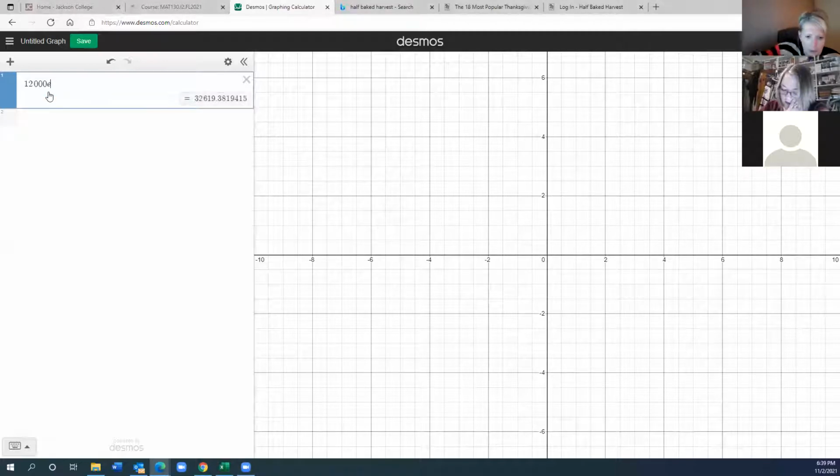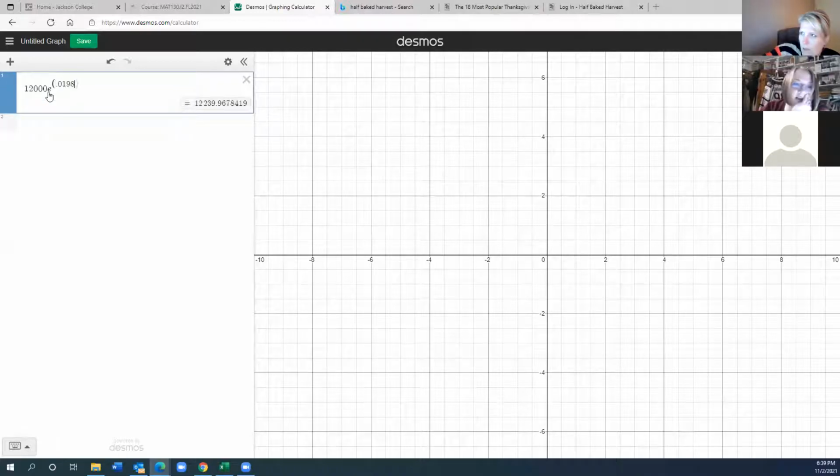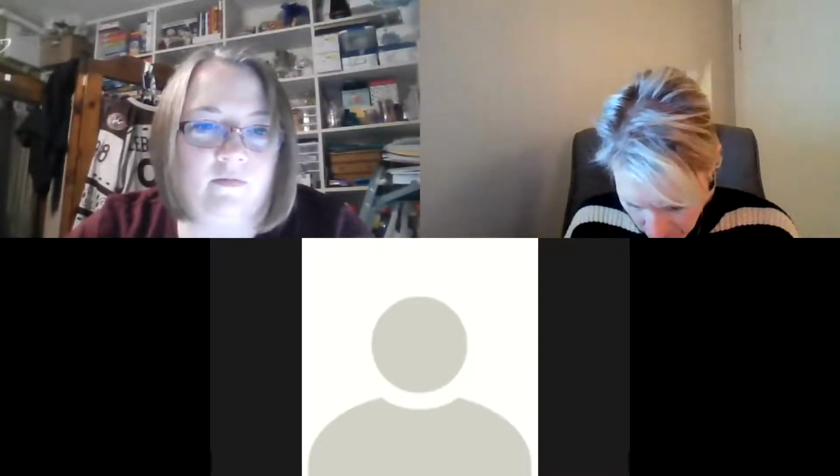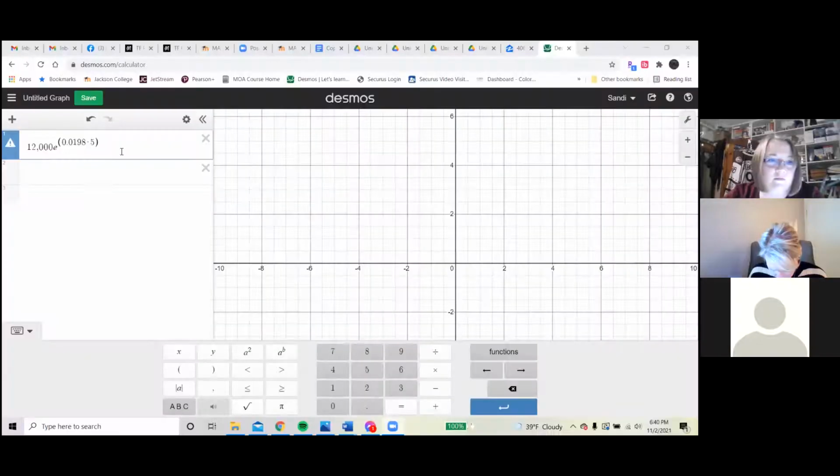And then I put in parentheses for the exponent, 0.0198 times 5. And it didn't give you anything? No. Try it again. You want to share your screen? Yeah, you share your screen.